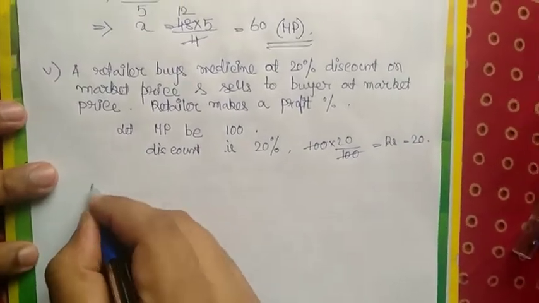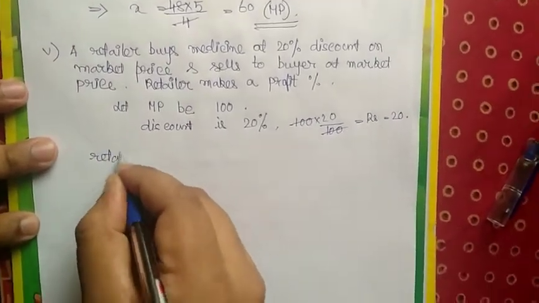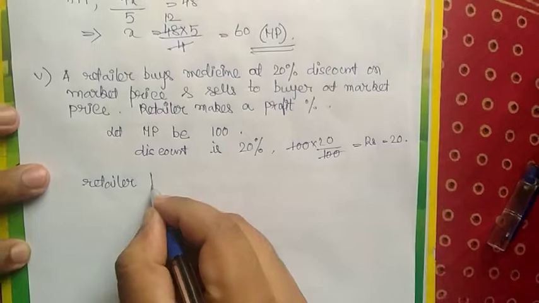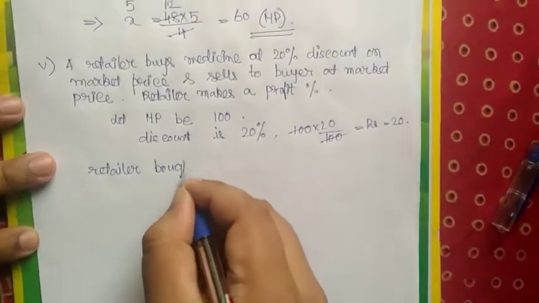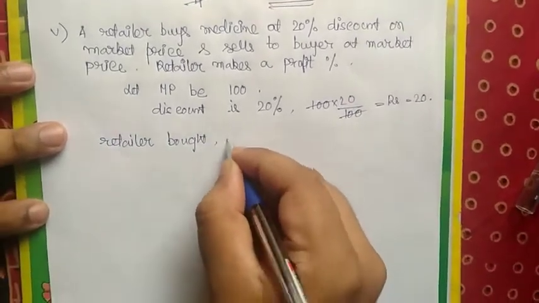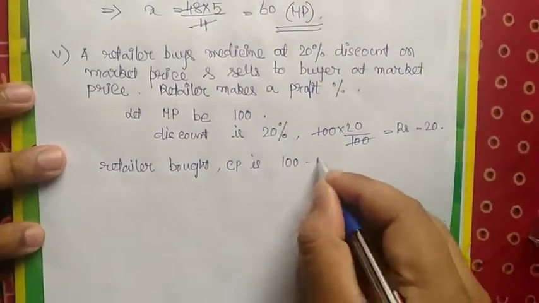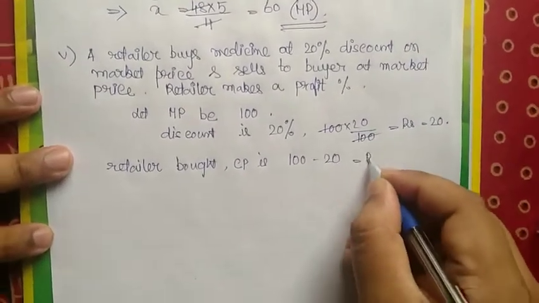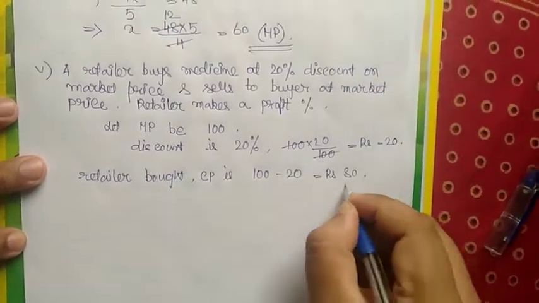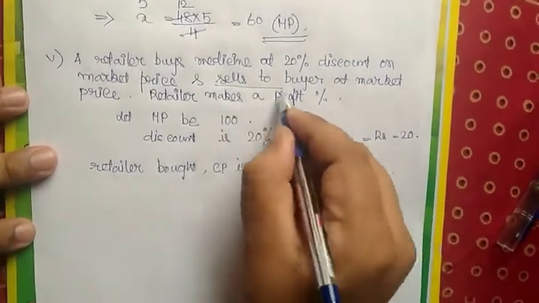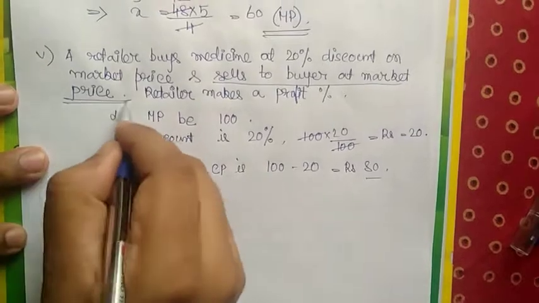So the retailer bought it, so CP is 100 minus 20 equals rupees 80. Now he sells to the buyer at market price.